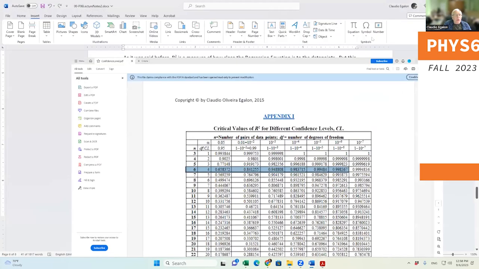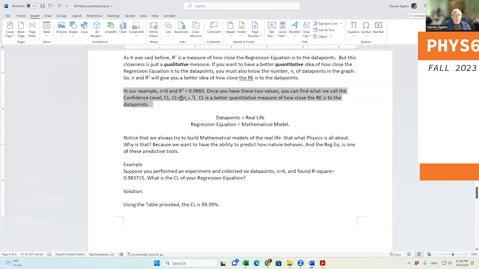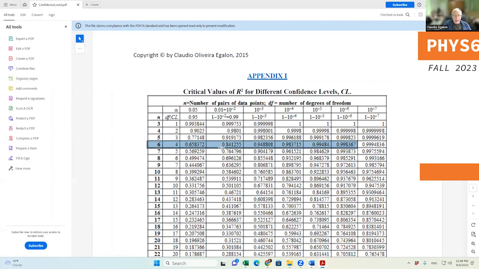Oh, let's see here. N equal to 6. Oh, no, wait a minute. This is an example. We did this example here. Sorry. 0.983715. Here you go, right here. 0.983715 for n equal to 6.